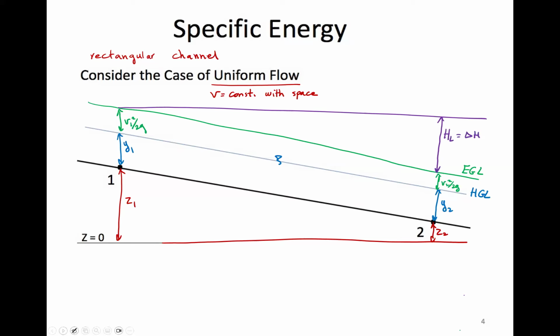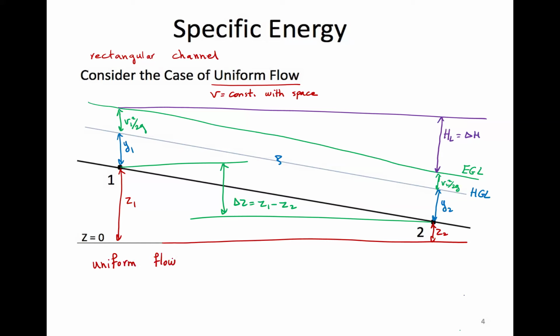And also the difference in bed elevation between the 2 points is delta Z, which is equal to Z1 minus Z2, right? Okay, so let's simplify and see what we have. First of all, we have uniform flow. So I'm going to write it here: uniform flow means V1 is equal to V2.